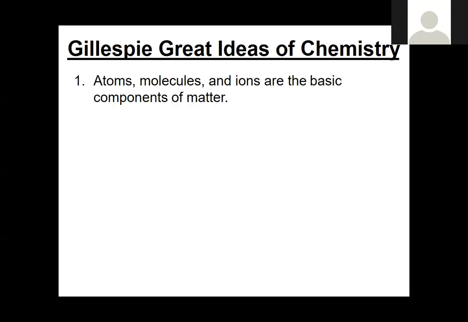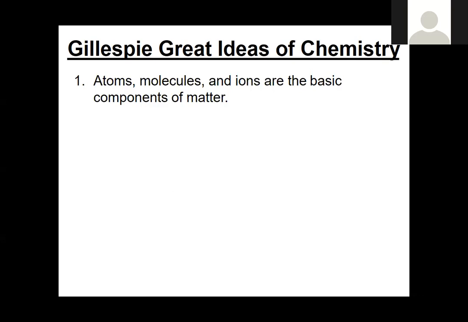So in a paper that he wrote in 1997, he came up with six great ideas of chemistry. What I put here is just a statement from these six great ideas.